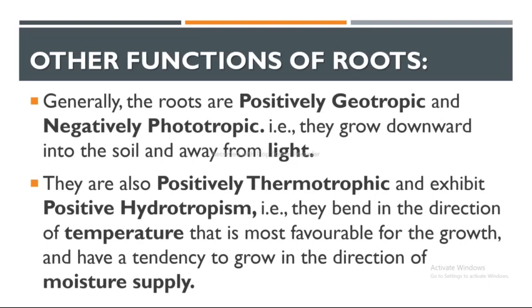And they're positively thermotropic and exhibit positive hydrotropism, which means they bend in the direction of temperature that is the most favorable for growth and have a tendency to grow in the direction of the moisture supply.